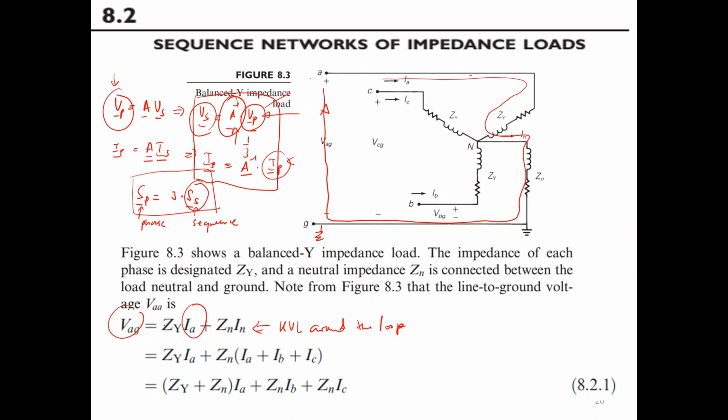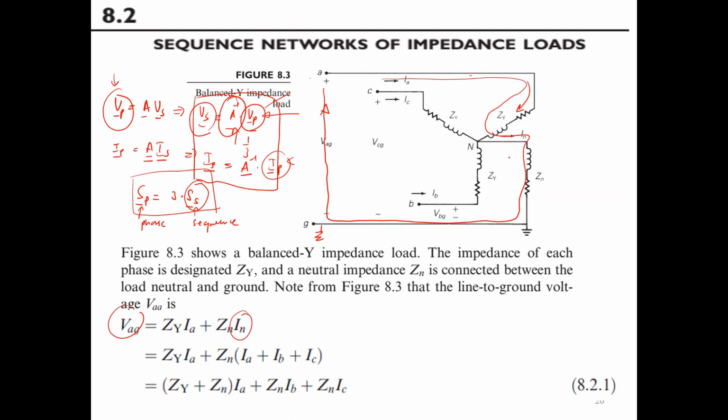Now you can see that VAG itself is ZY times IA, because IA is flowing in this direction, plus Zn times In, because In is flowing on the neutral path back to the source. Now you can substitute into the equation. What's the purpose of the neutral?